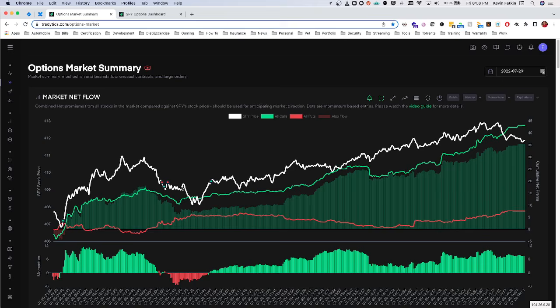What happens is SPY's price continues to fall right here. However, calls started rising again, and puts were still pretty flat. So that starts creating divergence, because SPY's price is diverging from what net flow and algo flow are telling us. At that point you should start considering, again, you don't want to jump in right away, but if you're in shorts, maybe start closing those out.